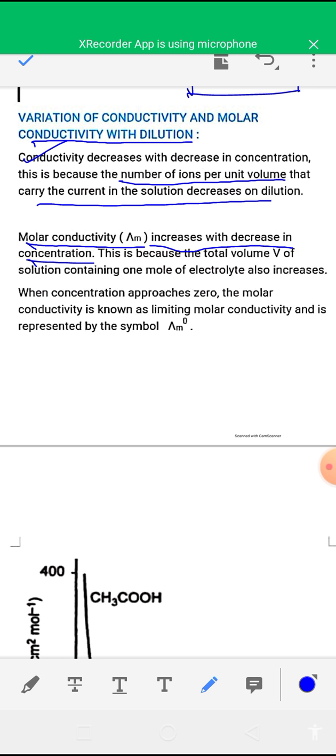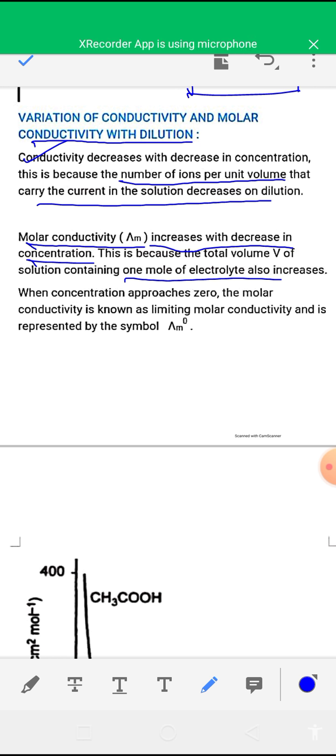This is because the total volume of the solution containing 1 mole of electrolyte also increases, but the number of particles in the solution remains the same, because only the volume of the solution increases, while it is still 1 equivalent. So molar conductivity increases with dilution, that is, with decrease in concentration.